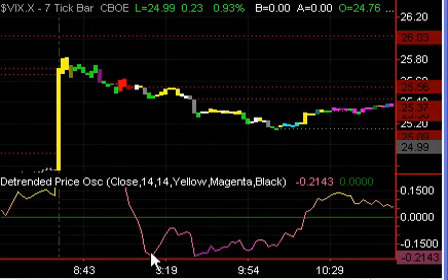Now, what does that mean and translate into? When we started to see new lows on the VIX, but divergence on the DPO, if we're hitting new highs on the Spoos, we're looking to take a short trade.